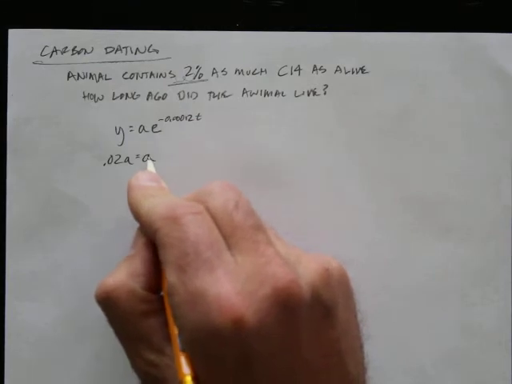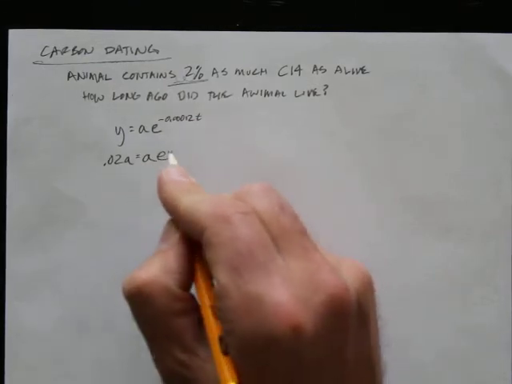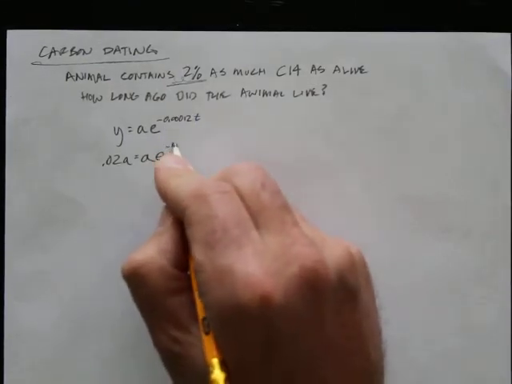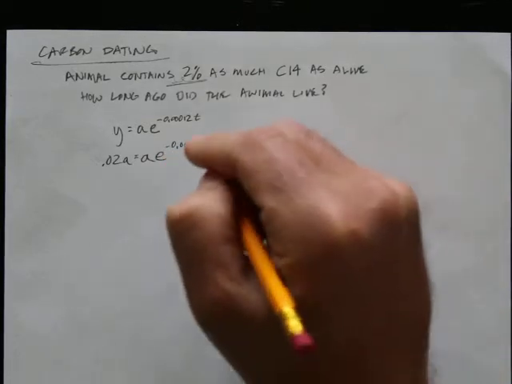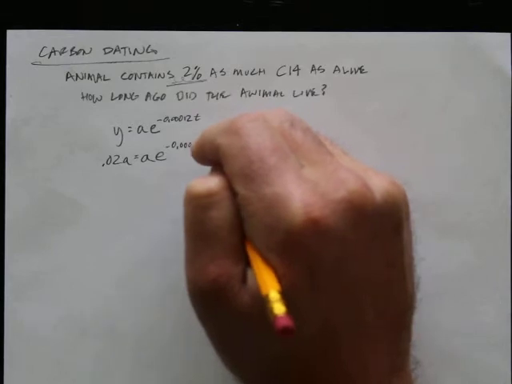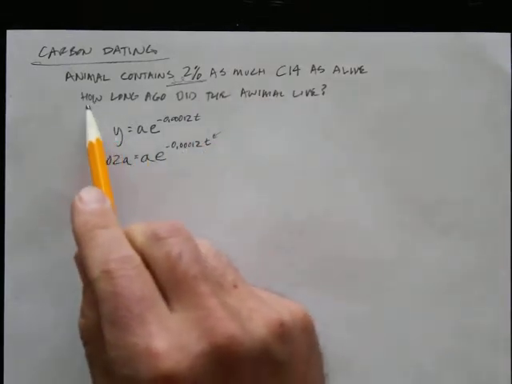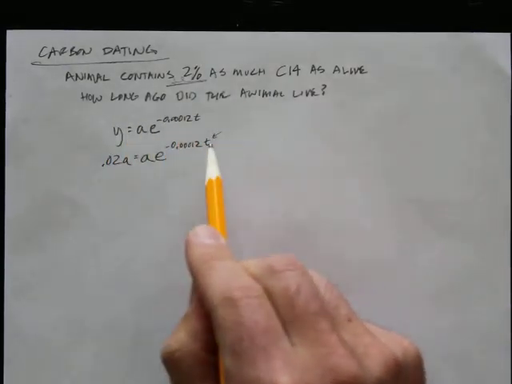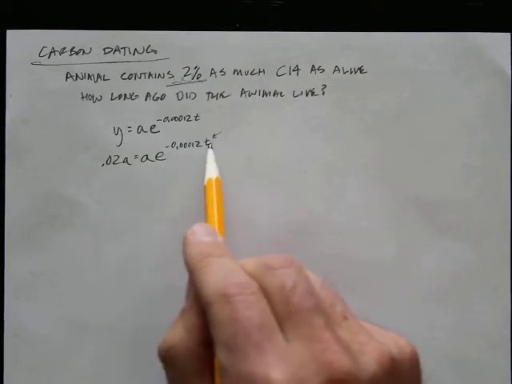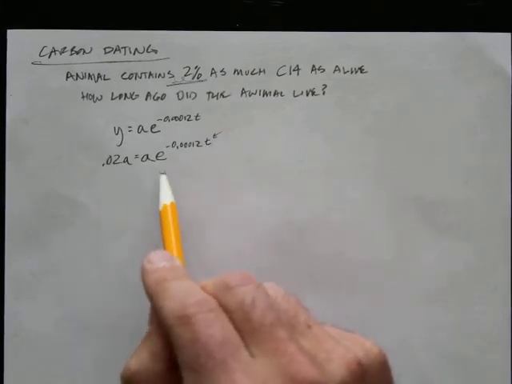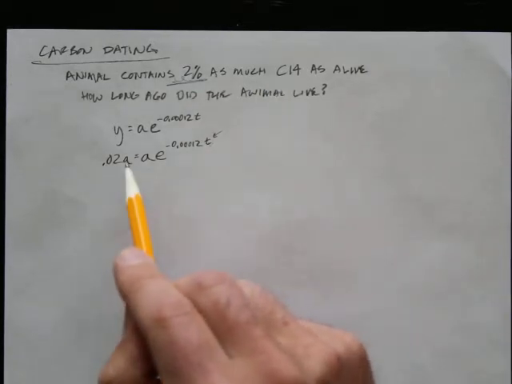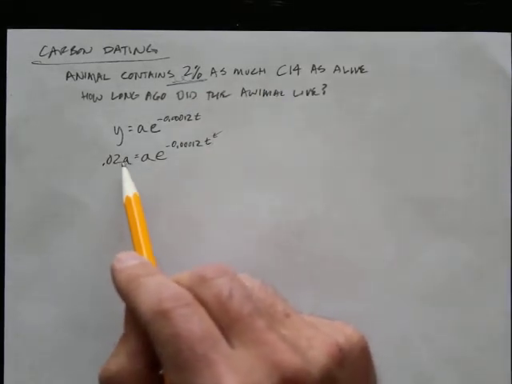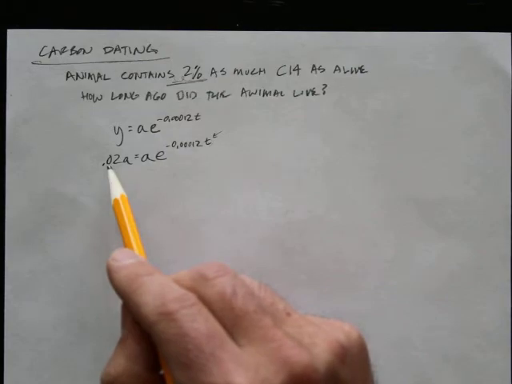So here we have the living animal, e to the negative 0.00012, and I'm trying to find out the time. That's what I'm going to solve for. How long ago did the animal live? So we're going to find out how many years it takes for the C14 to decay all the way to 2%.